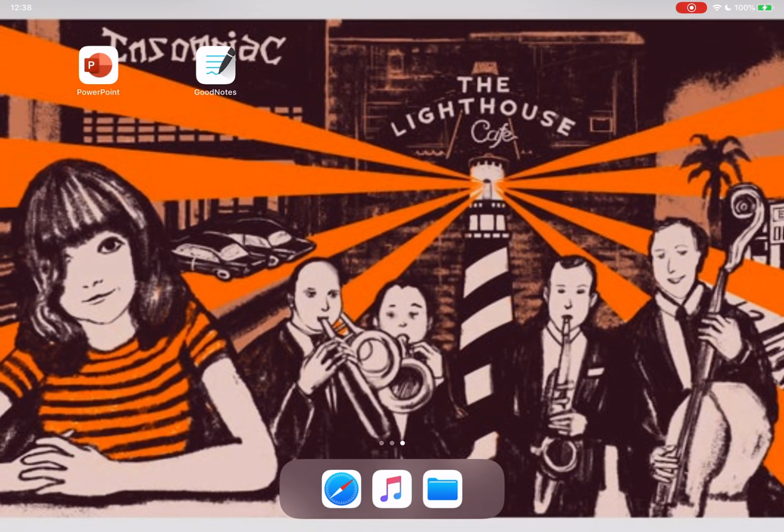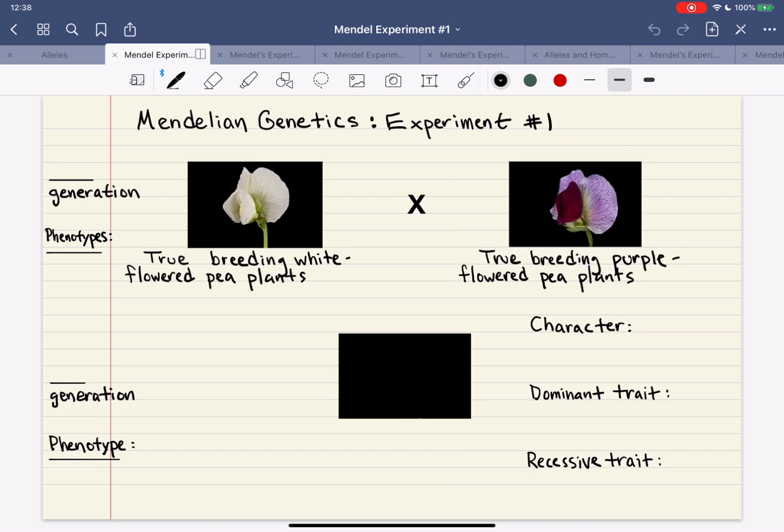So before I give away the results of his first experiment, I'm going to jump over here to my first drawing. And we're going to go through this together from Mendel's perspective. So we're going to fill in a few things. First off, what do we call the original parental generation? They are the P generation.